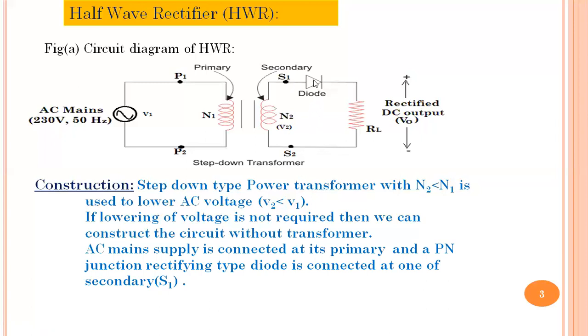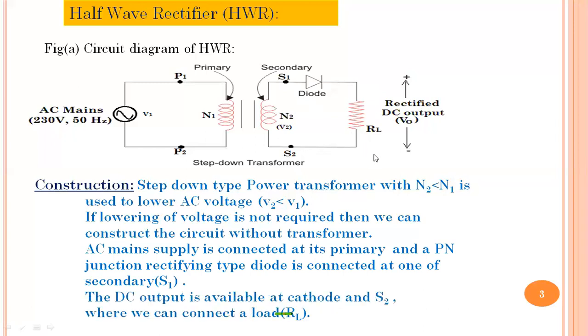Say at S1 its anode is connected, whereas the cathode brings the output with respect to S2, the remaining secondary terminal of the transformer. Between these two, we'll get the DC rectified output where we can connect our device as a load. So the load will receive the DC output from the primary voltage of AC mains. This circuit brings the conversion of AC into DC as a part of rectification.